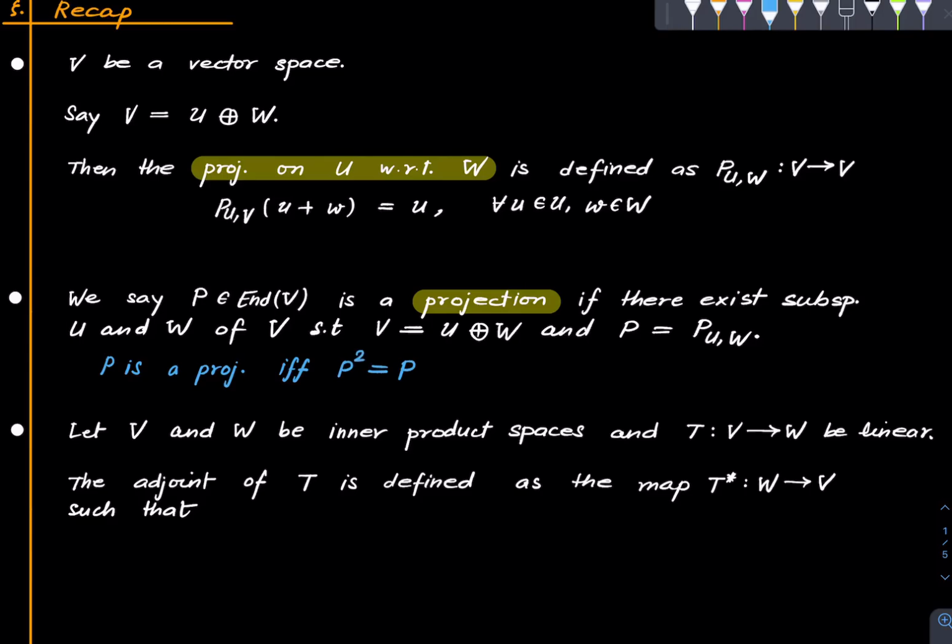If P composed with P is P, then it is a projection, and if it is a projection, then P composed with P is P. P composed with P is written as P square.